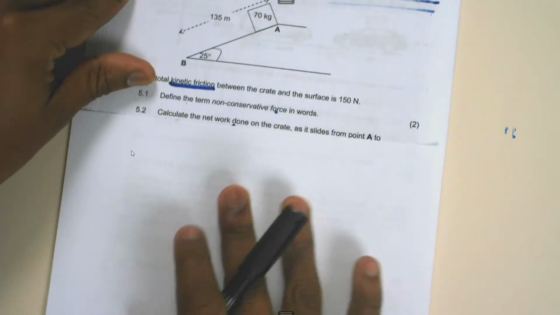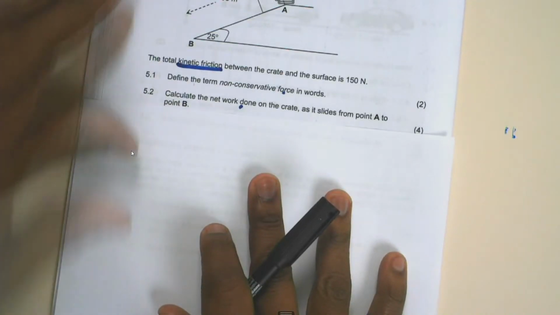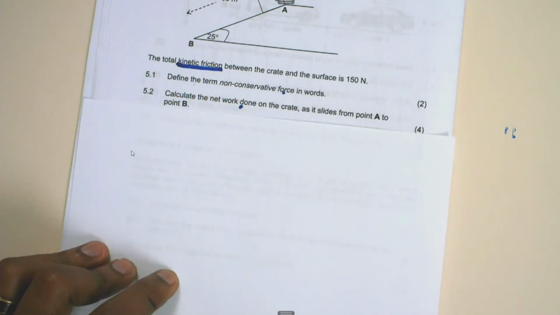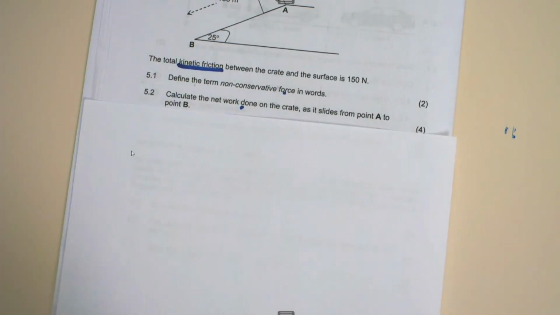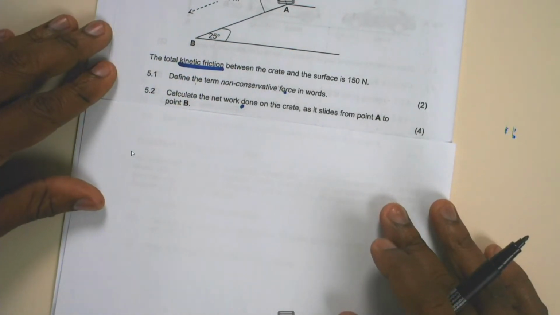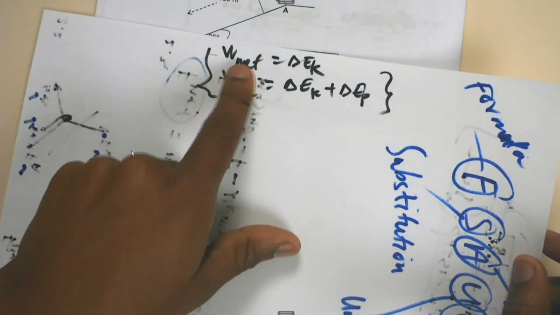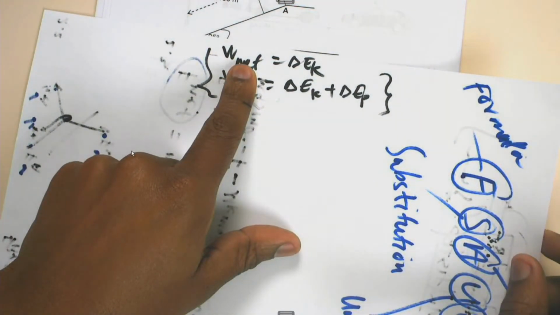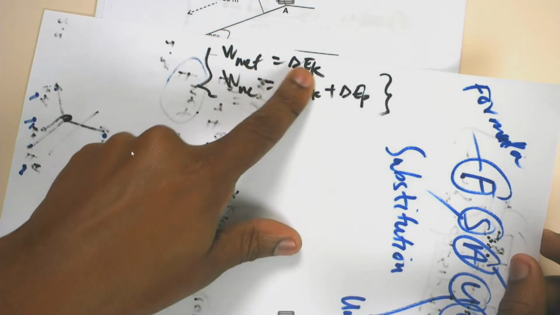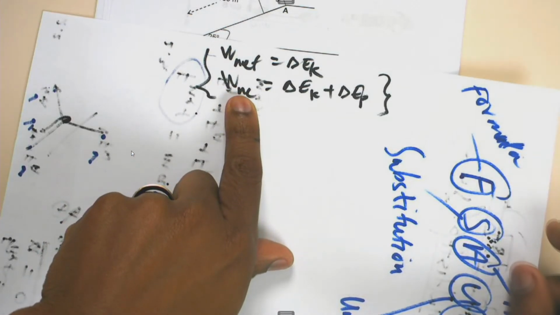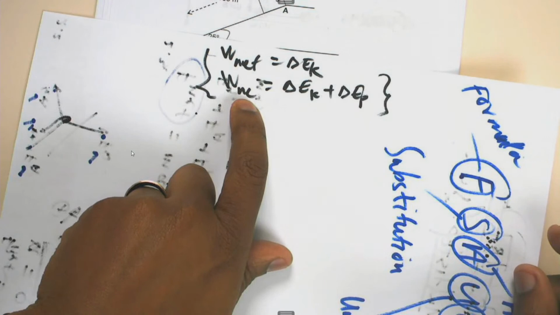Then we further go on and say, calculate the net work done on the crate as it slides from point A to point B. So I am going to use the work energy theorem. Remember, we said we have two options. First option is work net, which is equal to change in EK, and then I can use work done by NC.